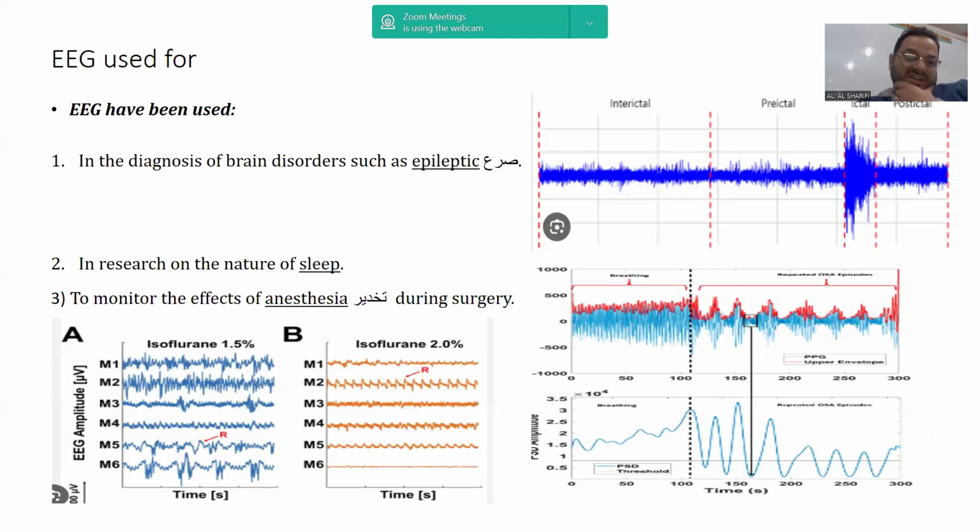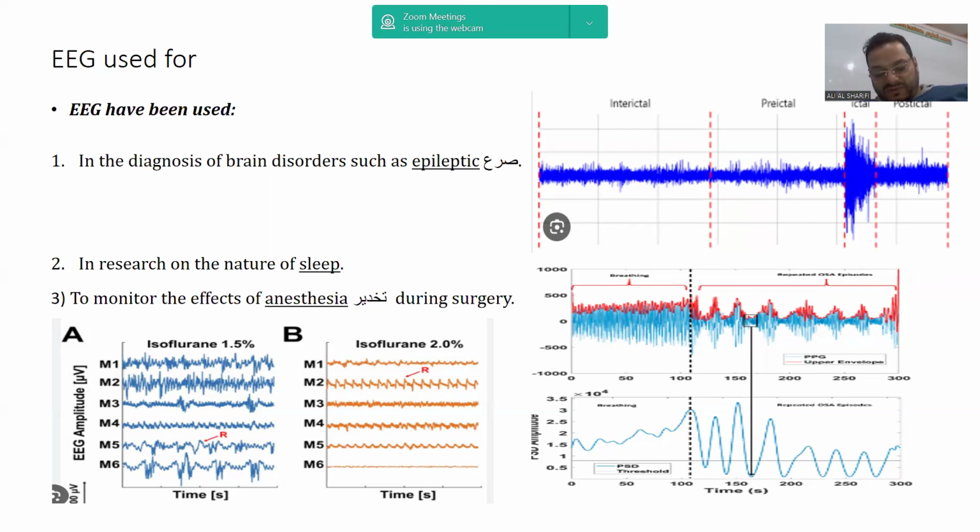Okay, now you test this device on one of your friends. Sure, your friend isn't suffering from any mental disorder or any brain disorder.